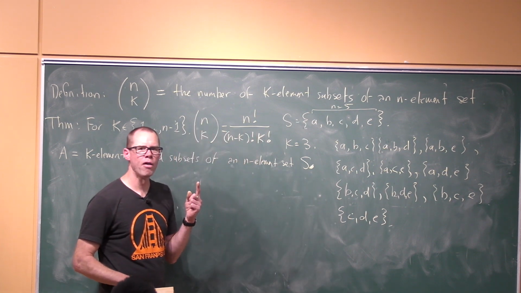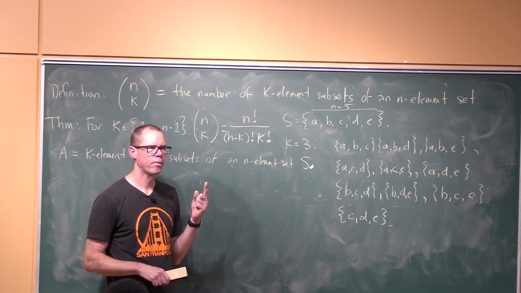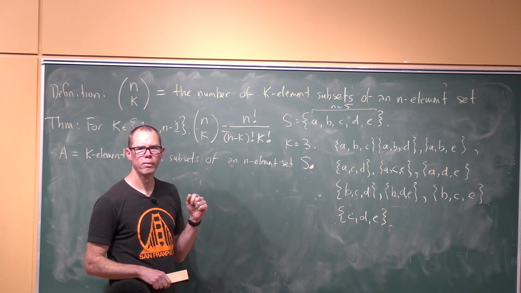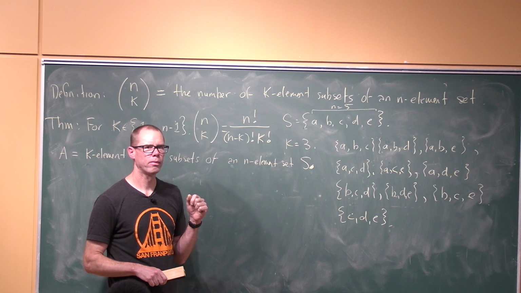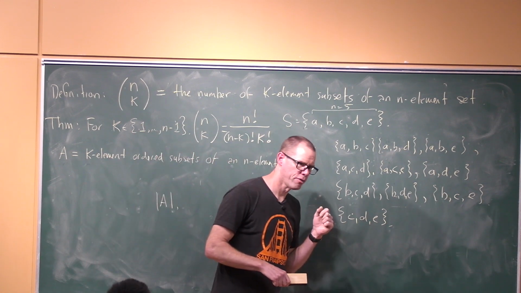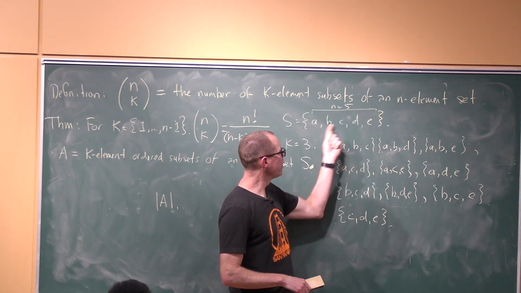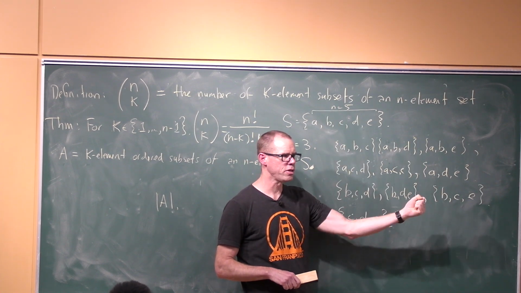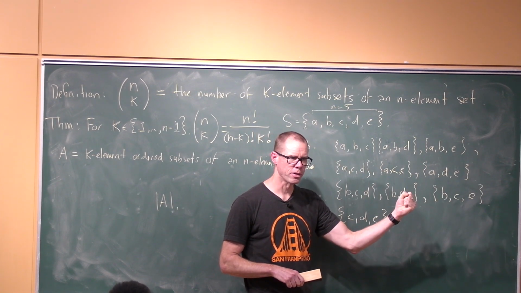How many choices do I have for the first thing? What's that? 5? Yeah. So 5 in this case, and in general you have n choices. You can take anything as the first thing in your ordered sequence.